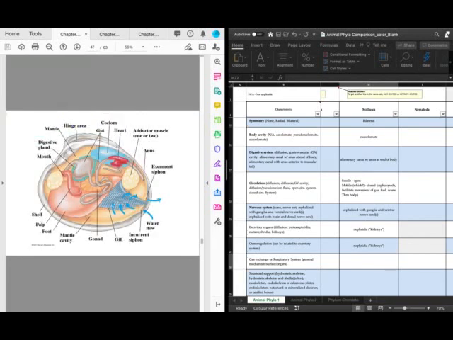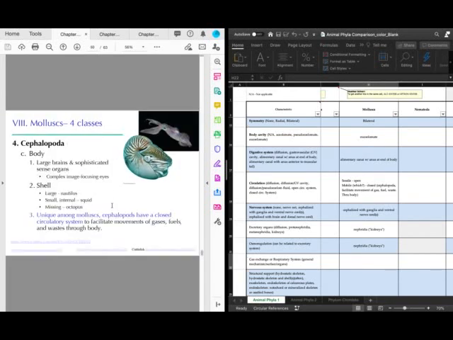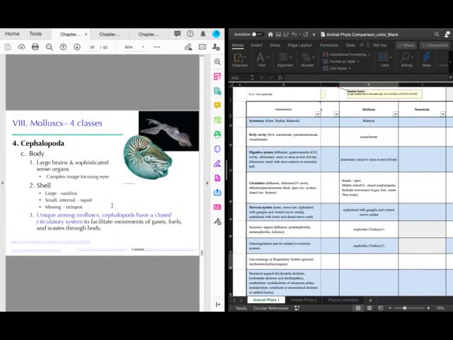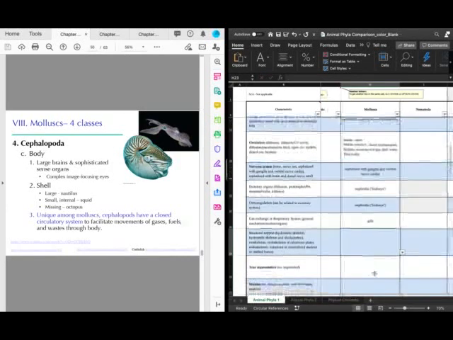Let's see, more gills talked about here. Yeah, so we definitely have some gills going on. Oh, just the gills. Like snails and stuff.